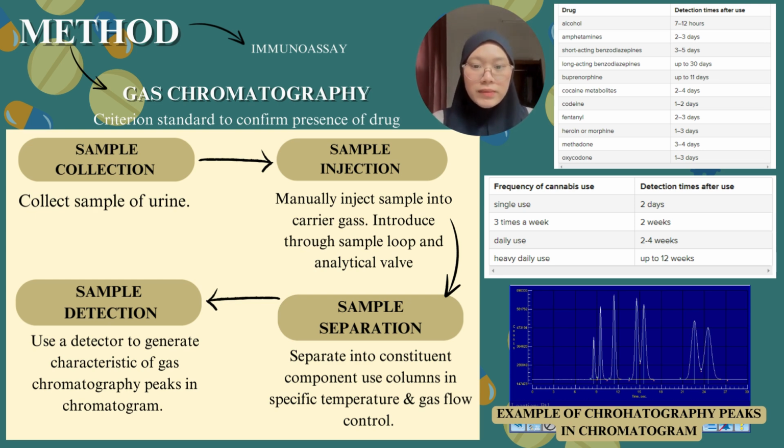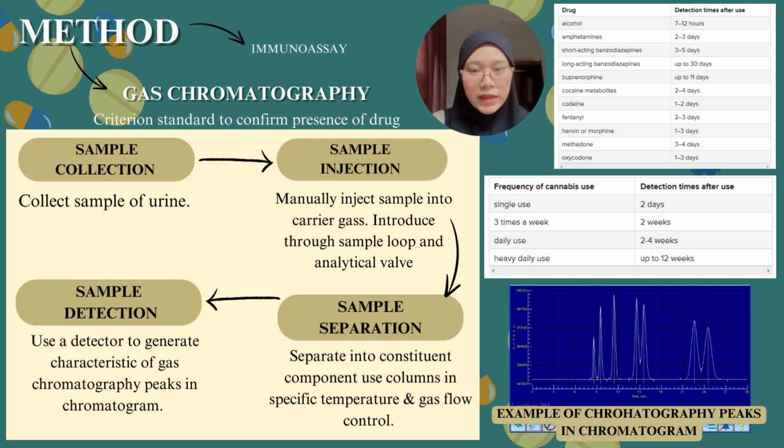Even though this method is really reliable and accurate, it will take some time to generate results and to detect any types of drug in the urine, based on the type of drug and the frequency the drug has been taken, based on the table that I have shown in the slide.